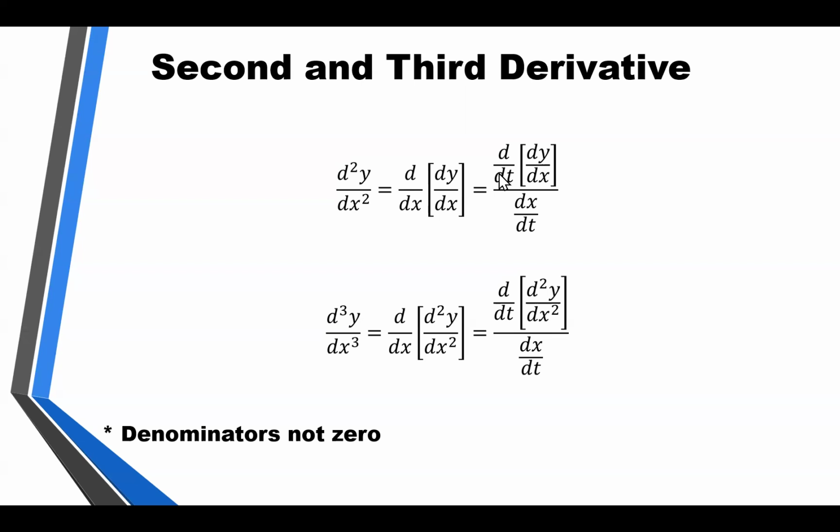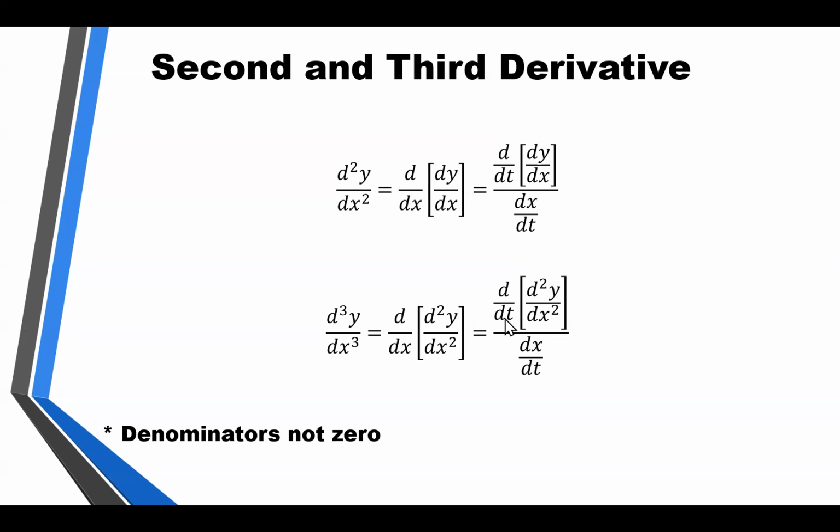So what I have to do is take my first derivative that I just found, which is going to look like that fraction, take a derivative of that, and then divide by derivative of x with respect to y. For my third derivative, again, the third derivative of y with respect to x, I'd have to take a derivative with respect to x of the second derivative.